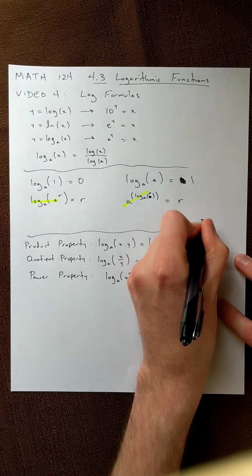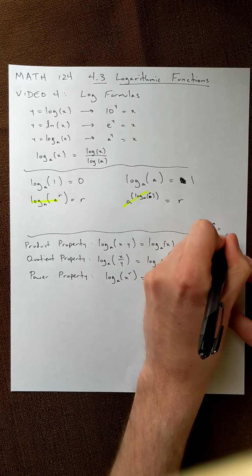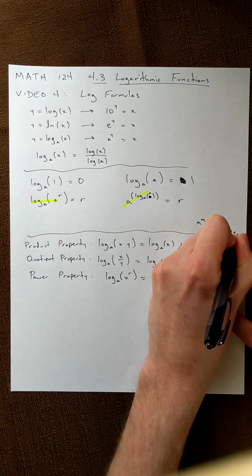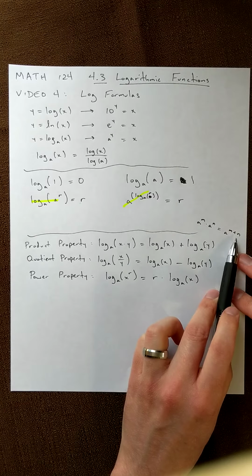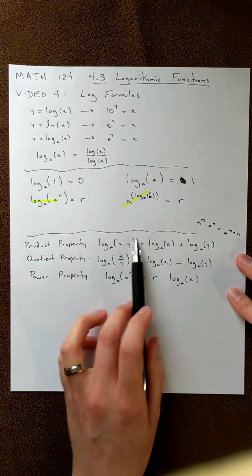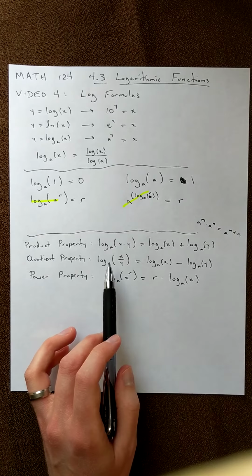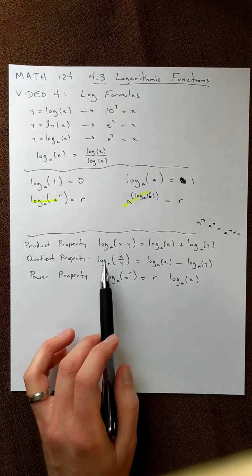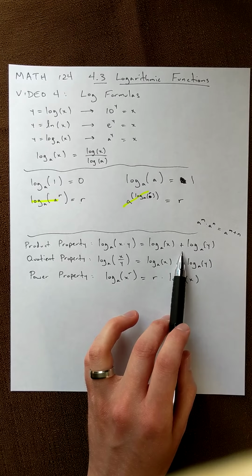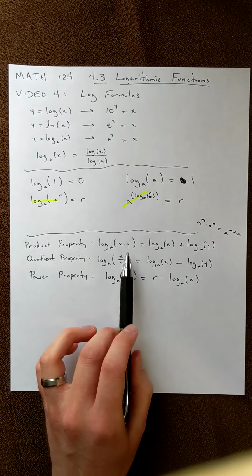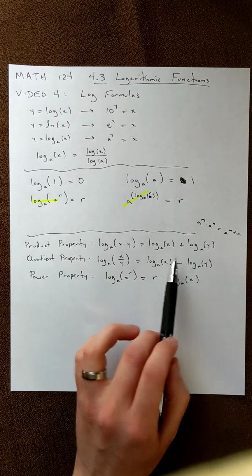Specifically, a to the m times a to the n was a to the m plus n. So there was a rule of exponents that had multiplication and addition related. Here's a rule for logarithms, which are kind of like opposite or undoing exponents, that also have a product and an addition associated with them. We just have to be careful with where exactly is the product and where is the plus.